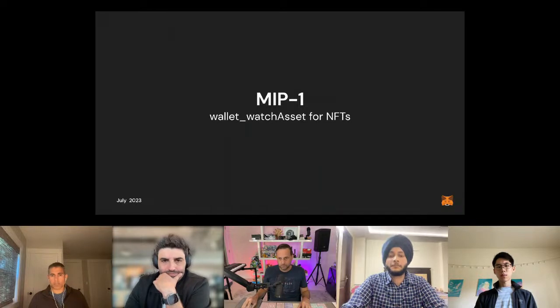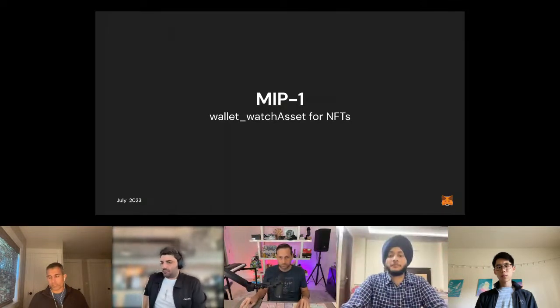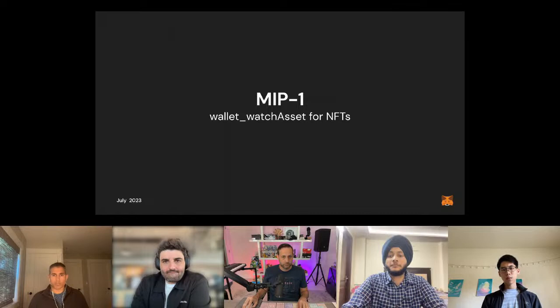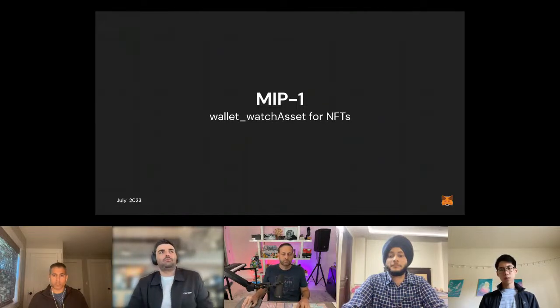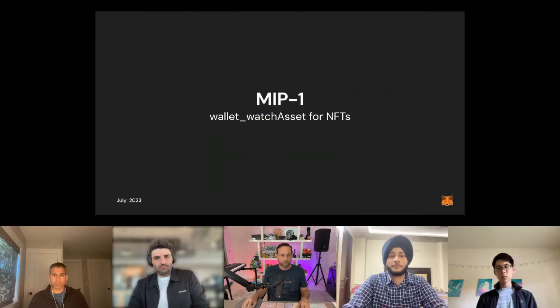And so we took the opportunity to introduce a change that we've intended to do for some time now, which is to extend the wallet watch asset API, which was introduced in EIP 747, and make it support NFTs, or specifically the ERC 721 and ERC 1155 token standards.